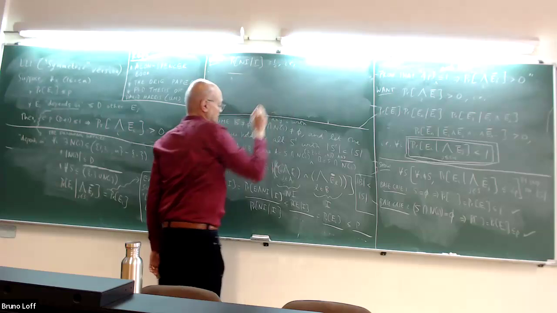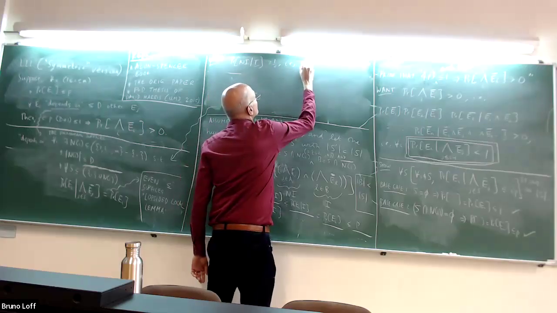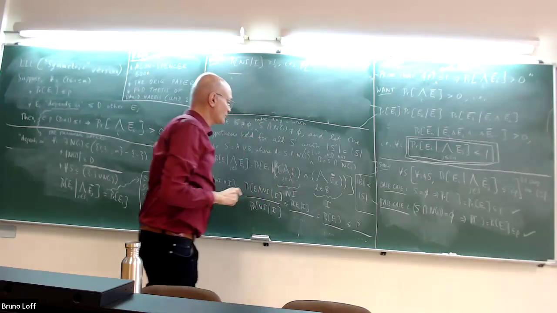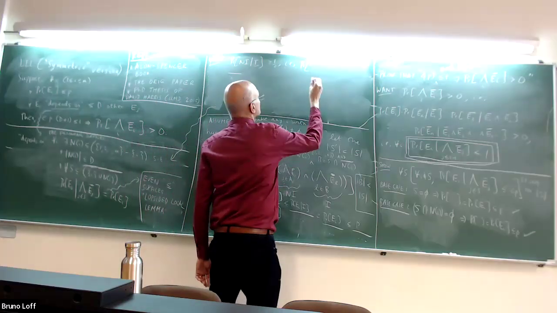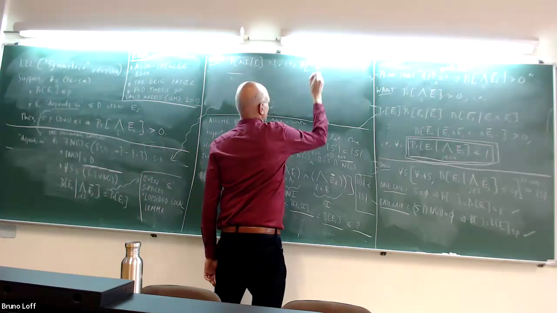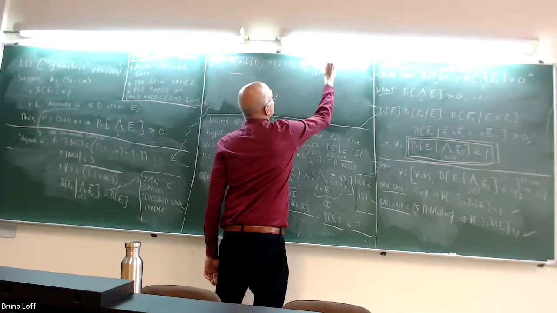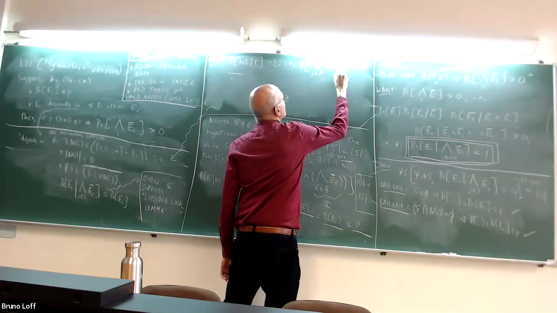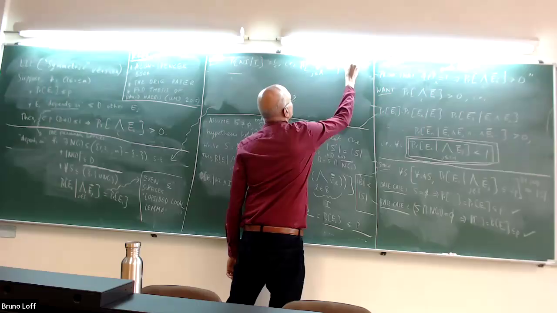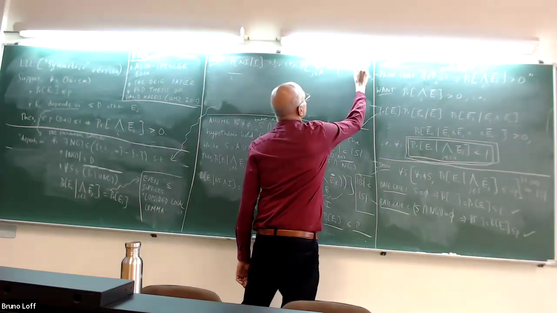That is, the probability of the complement of N_I, the union of the E_j given I, is less than or equal to half.